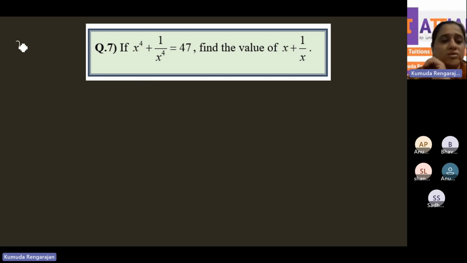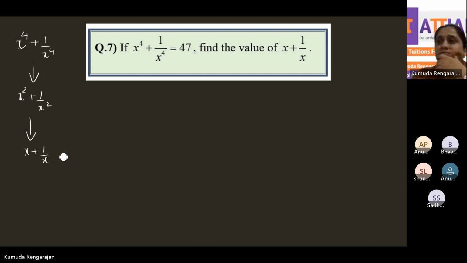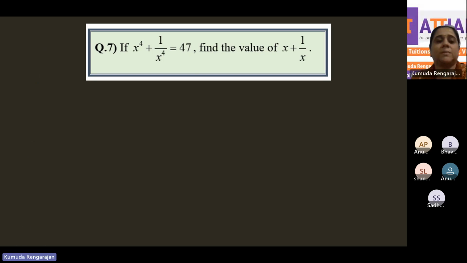So it goes like this. Using x to the power 4 plus 1 by x to the power 4, you must find x squared plus 1 by x squared. And then using x squared plus 1 by x squared, you should find x plus 1 by x. We have seen a little of this in rational numbers already, in the first chapter, number systems.